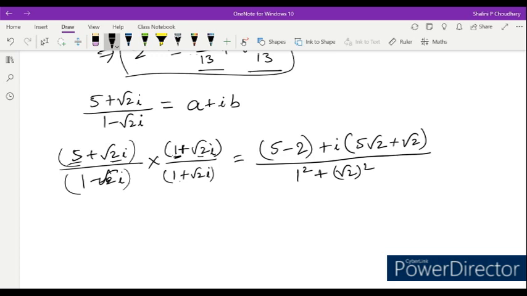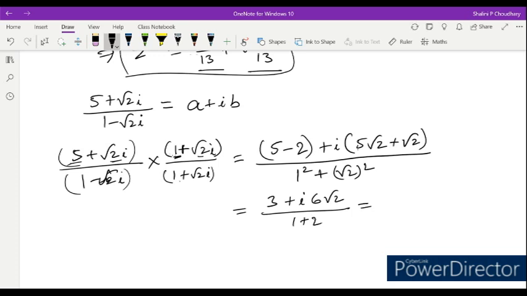So that will be equal to 5 minus 2 will be 3 and plus i into 5 root 2 plus 1 root 2, that will be equal to 6 root 2, okay, and divided by 1 plus 2, 1 plus 2.